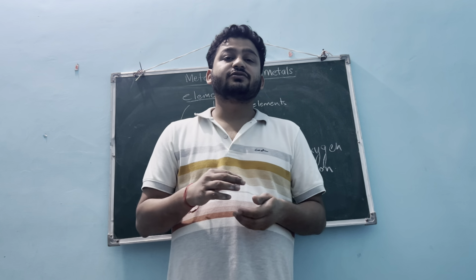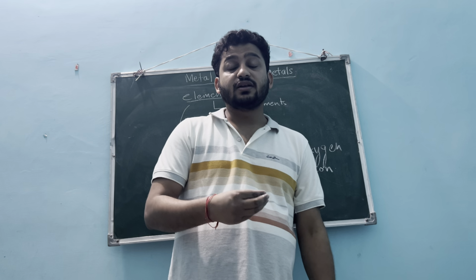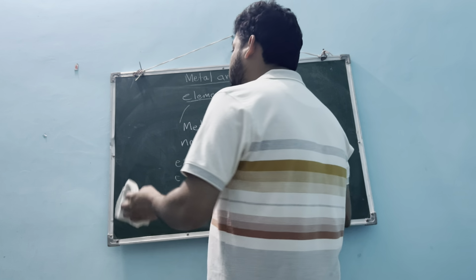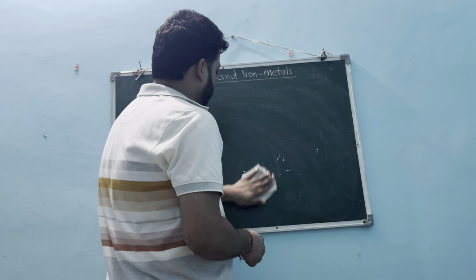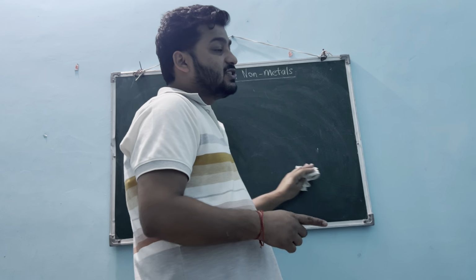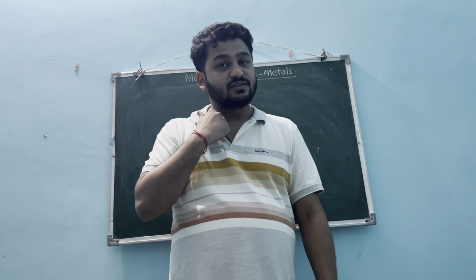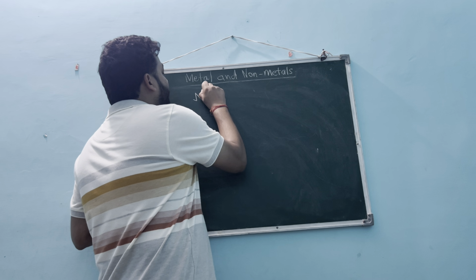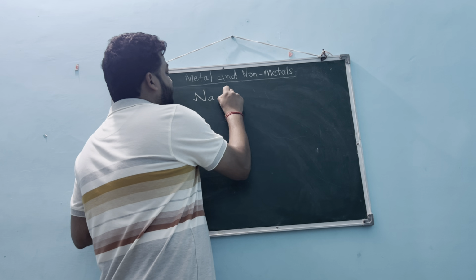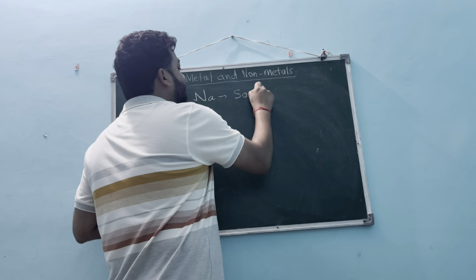But if someone asks you what are metals and what are non-metals, how will you define them? We will get the definition from the knowledge we have from previous classes. Let's say we have an element called sodium.